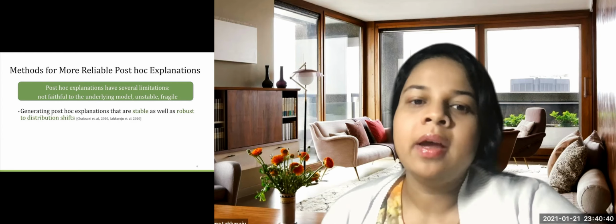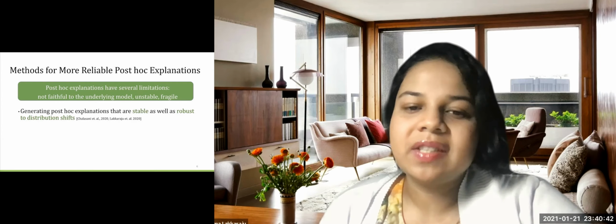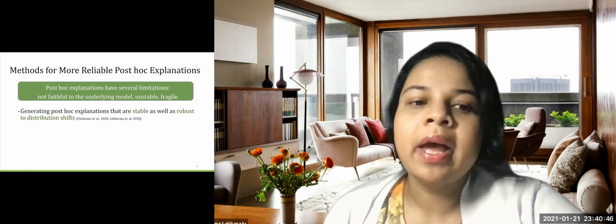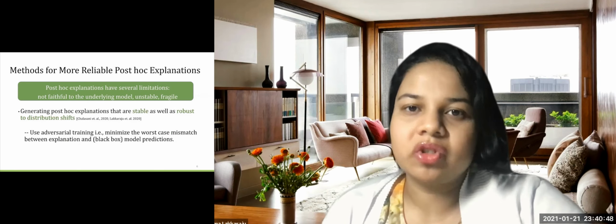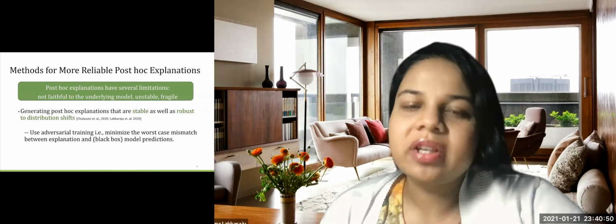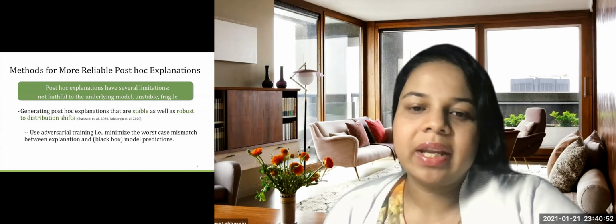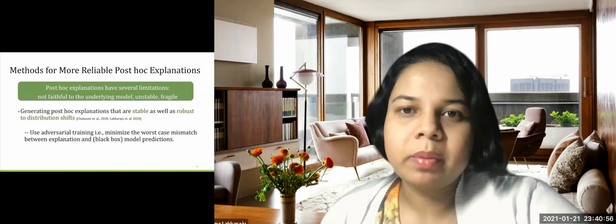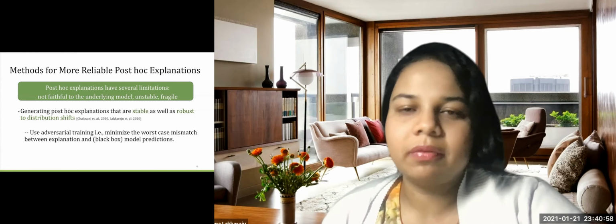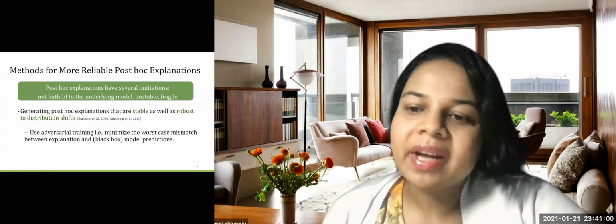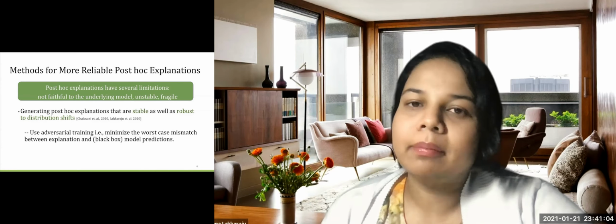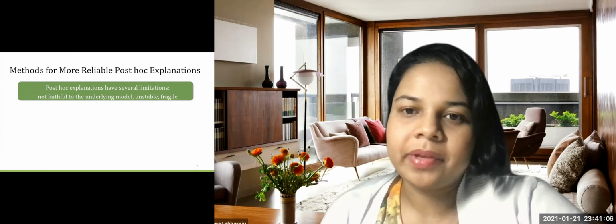The second approach is to generate post hoc explanations that are stable as well as robust to distribution shifts. In order to achieve this, adversarial training is being used in some recent work. The idea here is to generate perturbations of data points and then minimize the worst case mismatch between explanation and black box model predictions.